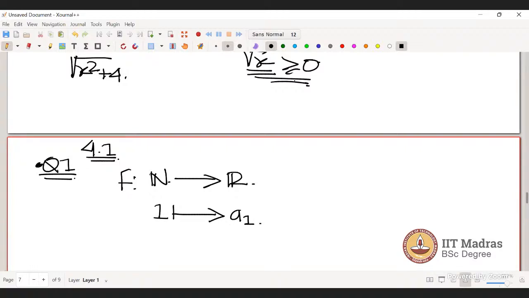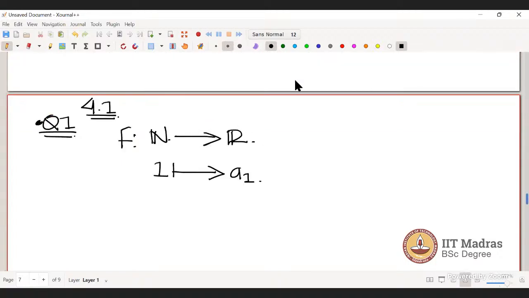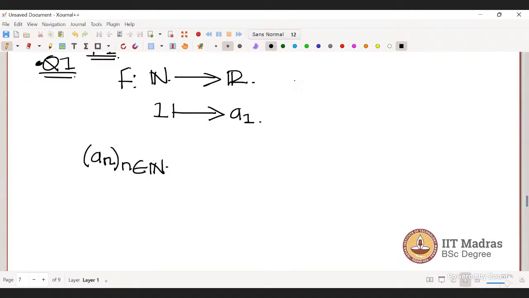What do you mean by sequence? A sequence is an ordered list which has some pattern. You have A1, A2, A3, A4, and so on.